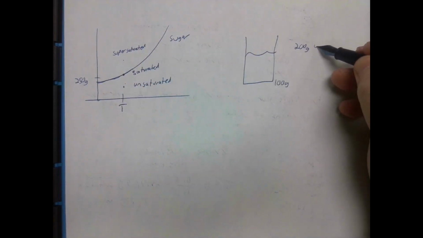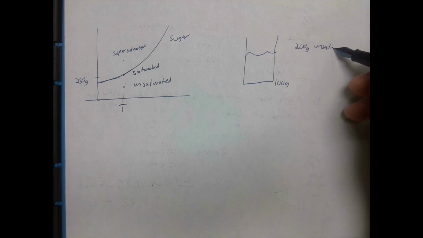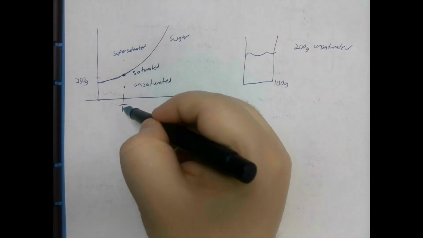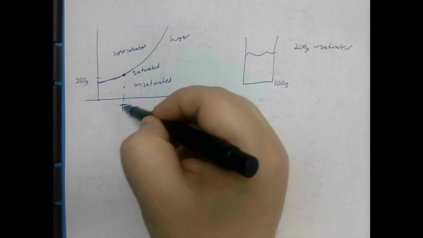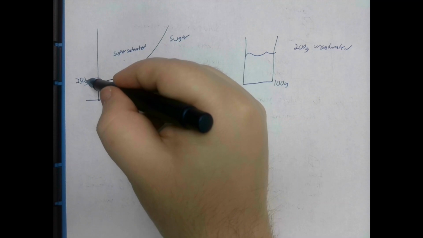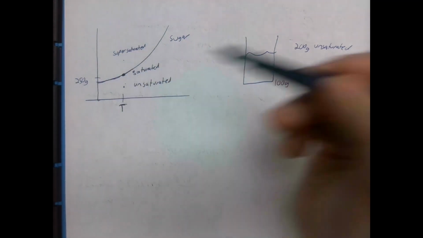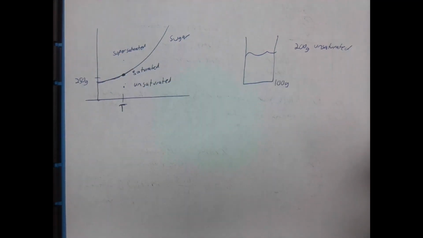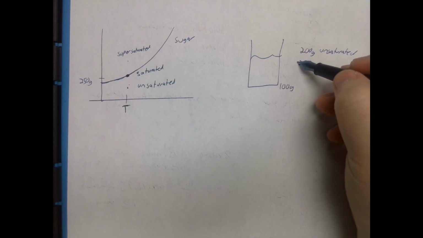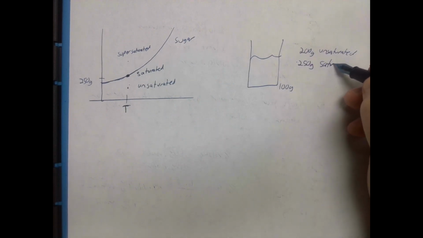It would be unsaturated. Because right here it tells me that at this temperature T, it can store 250 grams. So if I'm less than 250 grams, I'm unsaturated. Now then, what would happen if I put in 250 grams? It would be saturated.